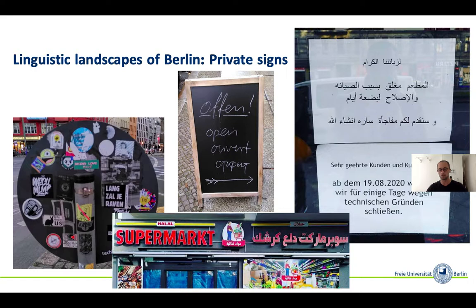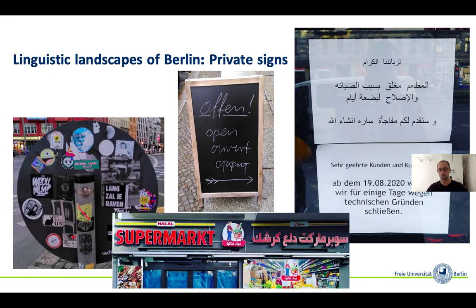Sometimes it's not really a sign written somewhere with chalk, but it's really the name of the shop. That can also have different linguistic aspects. Or it can be something similar to the first open sign, where it says that in a certain period of time the shop will be closed, and then you also see the same.